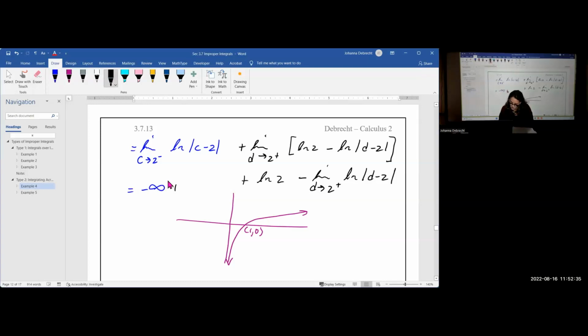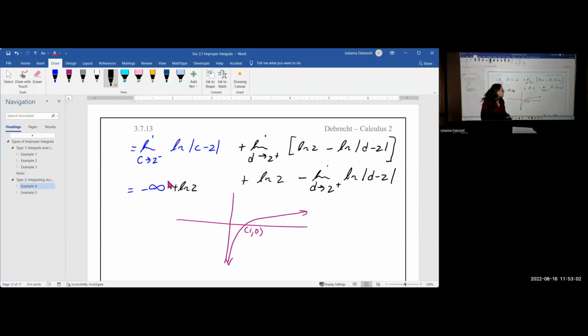And then we have plus the natural log of 2 from the middle one. And now we need to evaluate this third one over here, this limit that we've got right here. D is approaching 2 from above. So from numbers like 2.1, 2.001, 2.0001. And so it's getting, again, very, very close to 0. The numbers are positive, but it wouldn't have mattered because it's inside an absolute value.